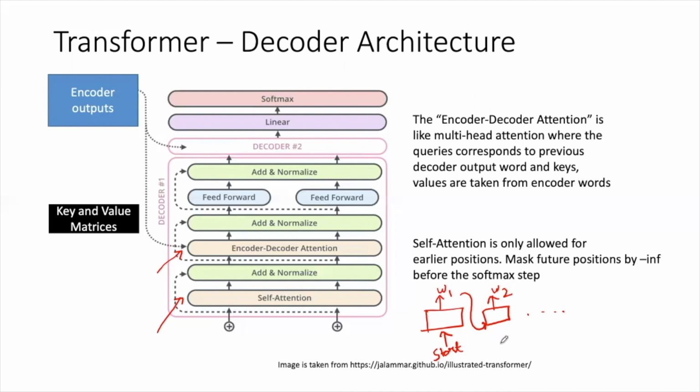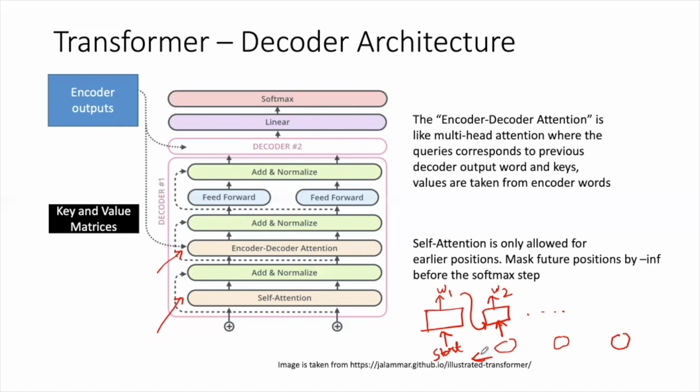We obviously know the entire output sentence, the output transliteration, we have these words, but we cannot use them to conduct self-attention. For example, let's say we are conducting self-attention at the second word. We cannot use the third, fourth, fifth words, etc. We can only use the words prior to the second word.